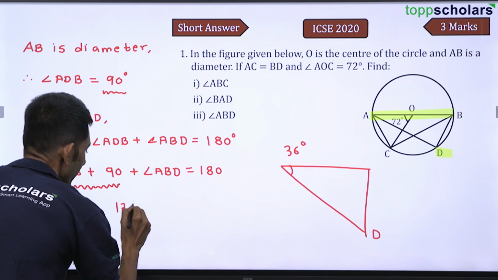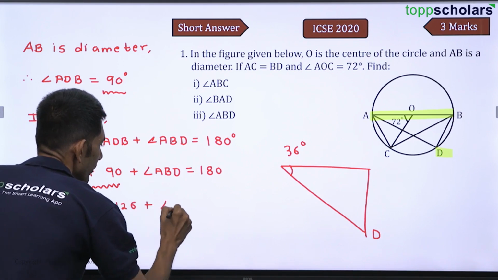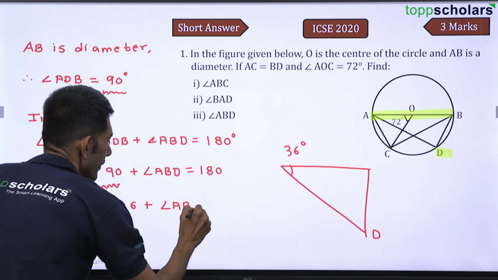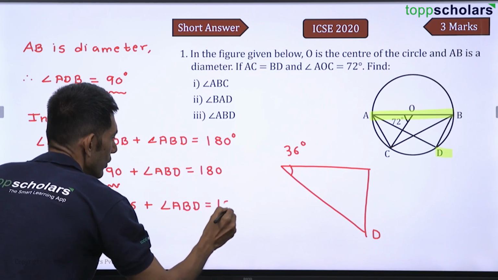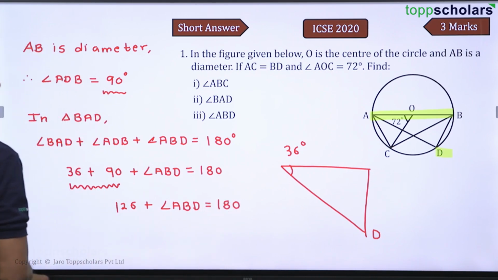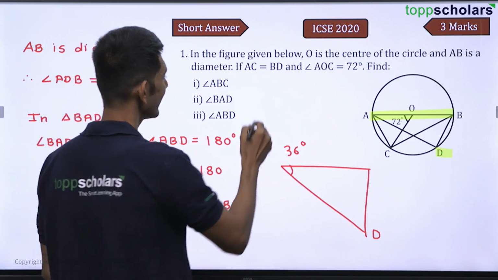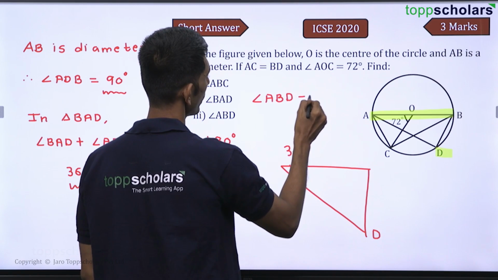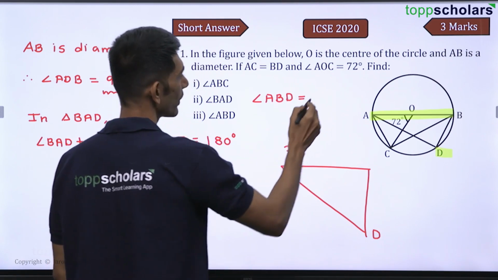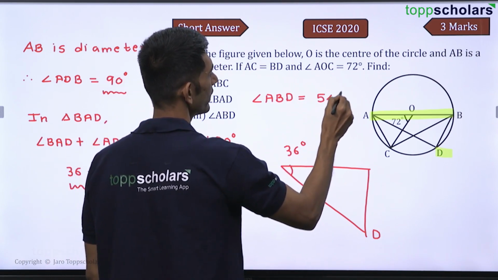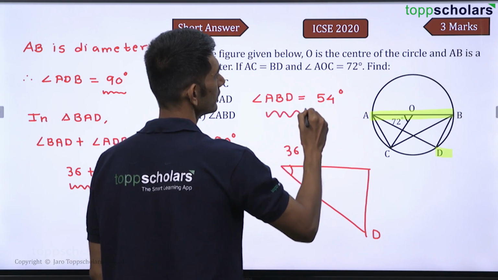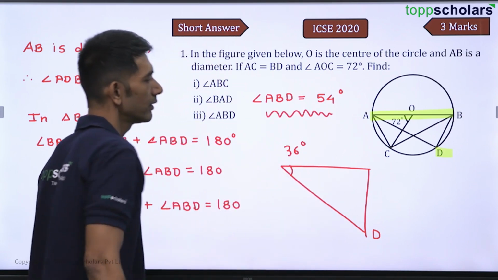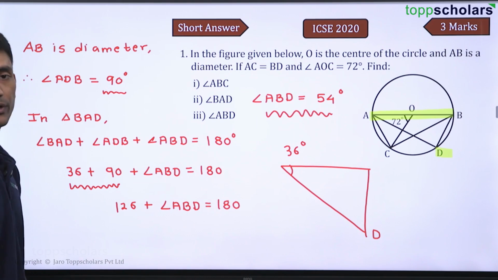So can I say 126 plus ABD is equal to 180. So if I shift 126 to the other side, can I say angle ABD is equal to 180 minus 126, that is 54 degrees. Correct? So 54 degrees is the final answer.